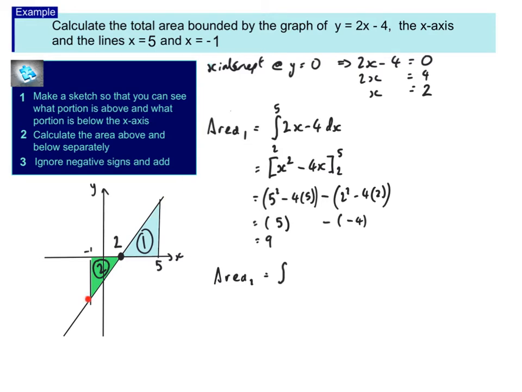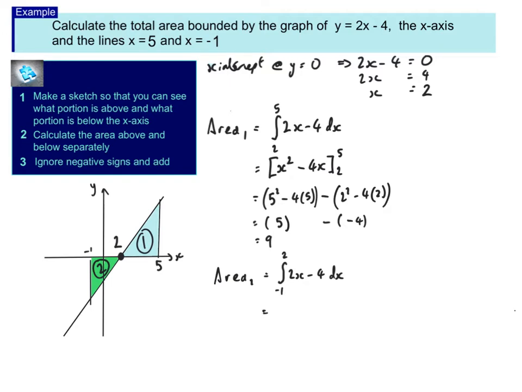I'm still working with the straight line 2x minus 4, so that does not change. What does change is my limits. My upper limit is going to be 2 this time. My lower limit is going to be the negative 1. So this green shape is between 2 and negative 1 on my x-axis.